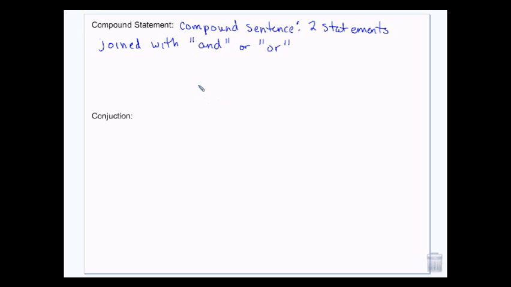Okay. So we have 2 sentences put together. So you could say a rectangle is a quadrilateral and a square is round. Or a rectangle is a quadrilateral or a square is round. So you just put 2 statements with and or in between them.